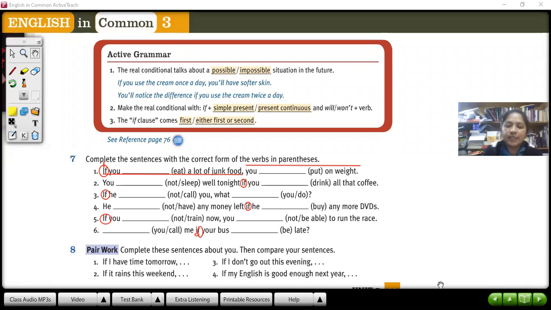Volunteers. Let's complete. Have you finished?